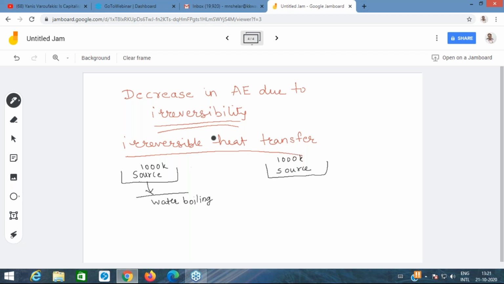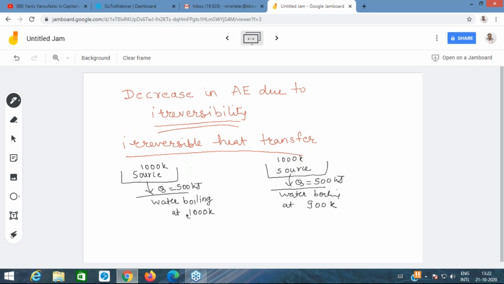So water in the boiler which is boiling at, let us say, 1000 Kelvin, and here you have another case where the water is boiling at 900 Kelvin. Let us say that the heat transfer in this case is 500 kilojoules, and here also the heat transfer is 500 kilojoules.